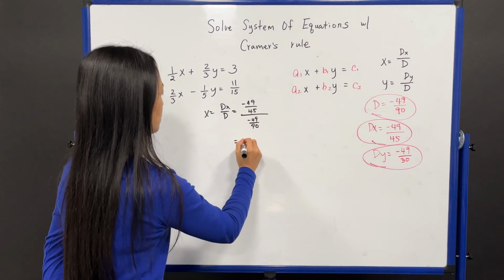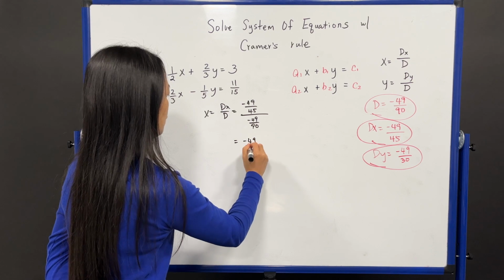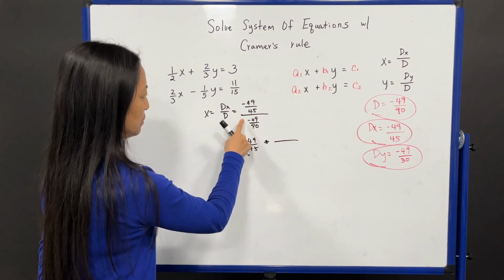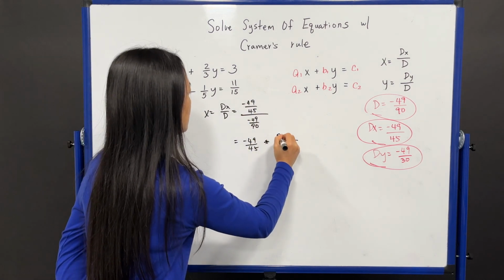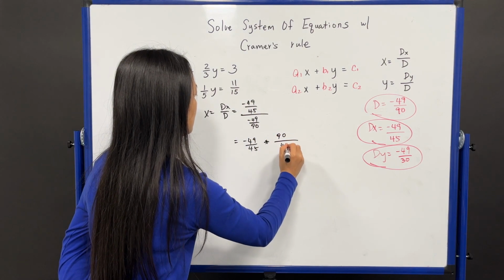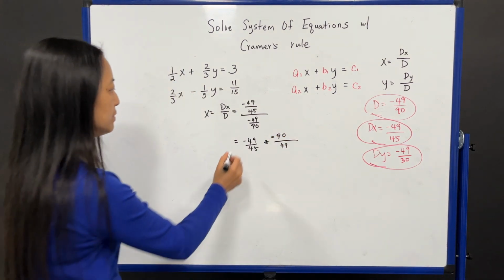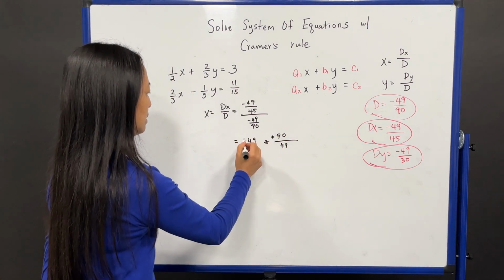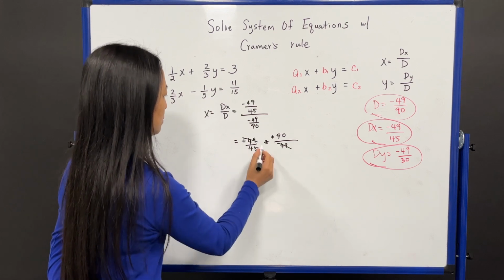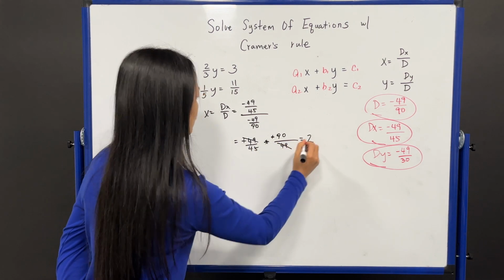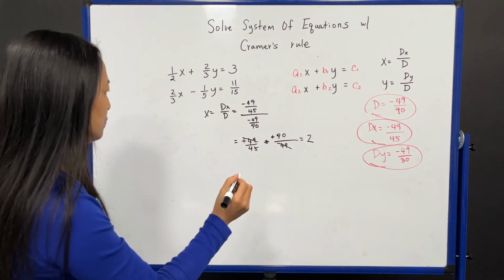So this is equal to negative 49 over 45 times the reciprocal of this, we flip it, so you get 90 over 49. Just remember there's a negative sign here as well. Our two negatives are going to cancel. 49 cancels. 90 divided by 45 is going to give us 2. So our x is equal to 2.